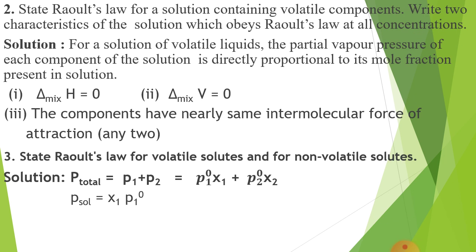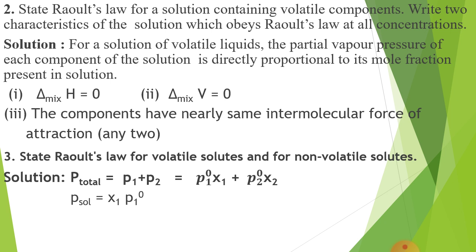Question number two. State Raoult's law for a solution containing volatile components. Write two characteristics of solution which will obey Raoult's law at all concentration. So the statement I have told you, but again in the form of solution given here.